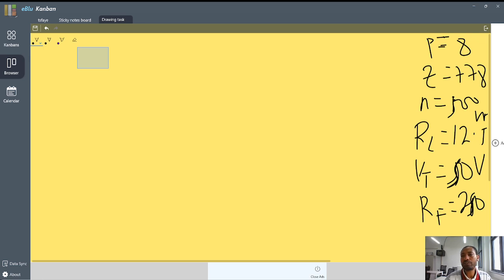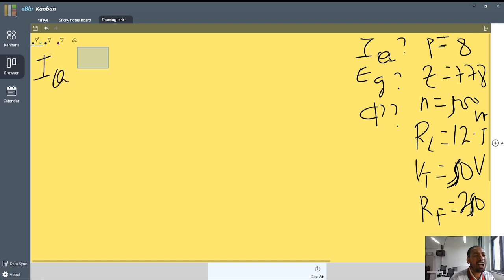So what is requested? It is asking for IA, the armature current, the generated voltage EG, and the flux per pole. So similar to the previous one, we will attempt it.